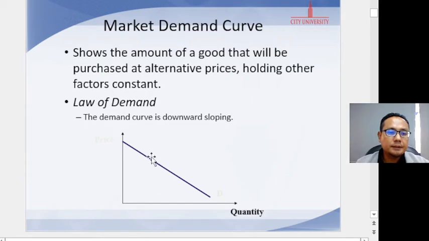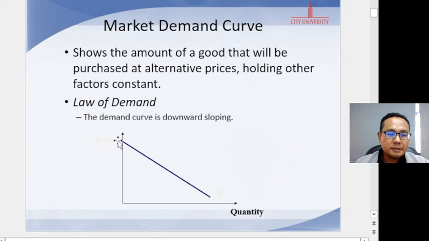What we call a market demand curve shows the amount of a good that consumers will purchase at alternative prices, holding other factors constant. So that is the law of demand, for example with the jeans just now.